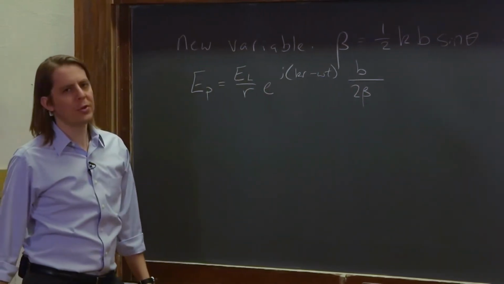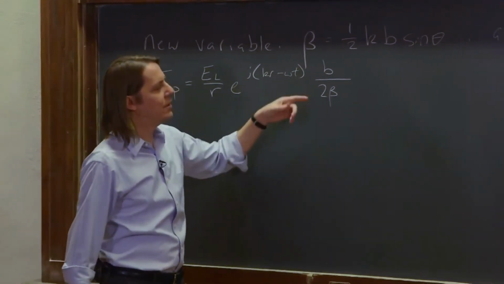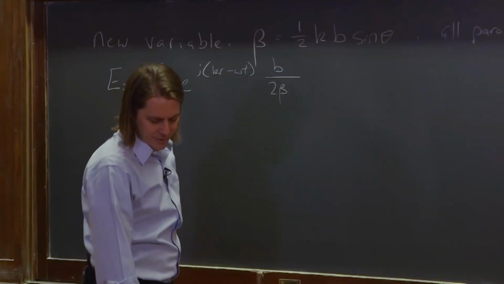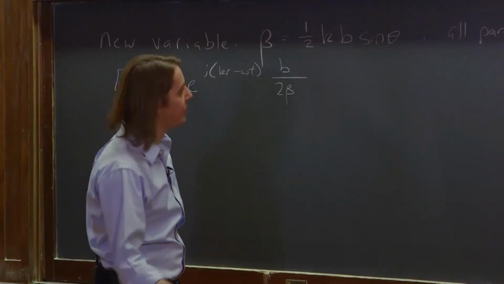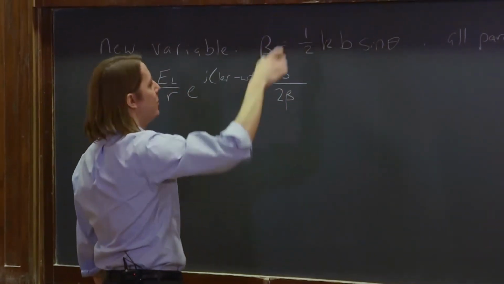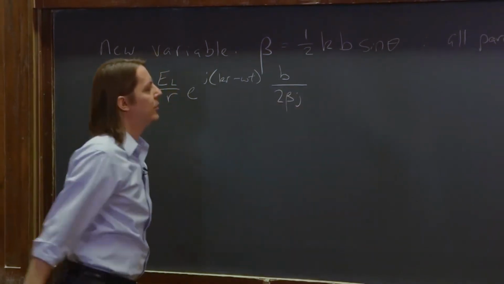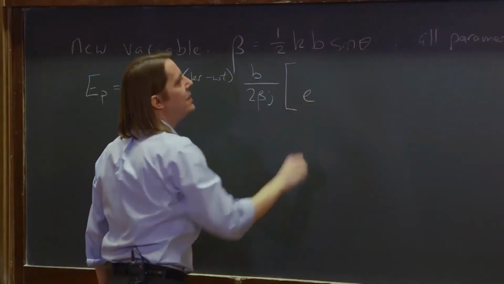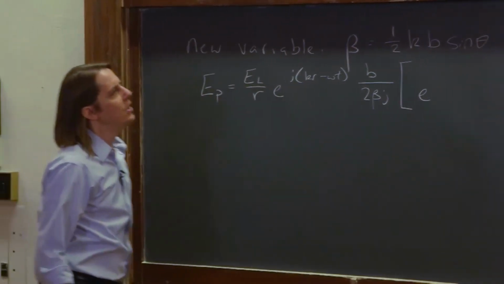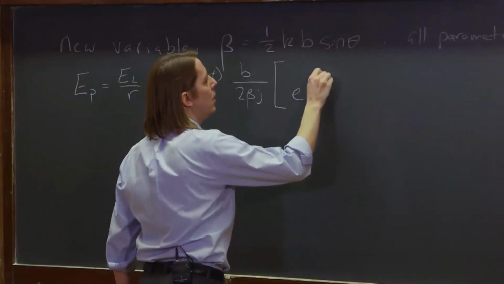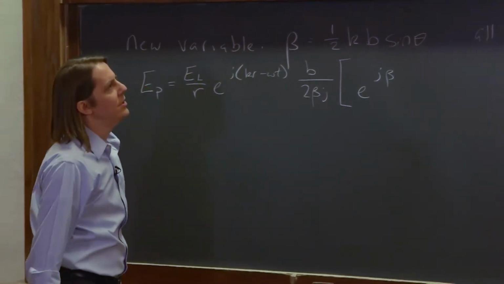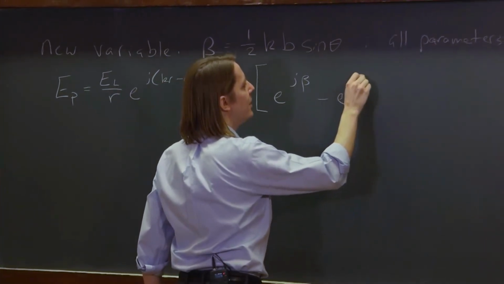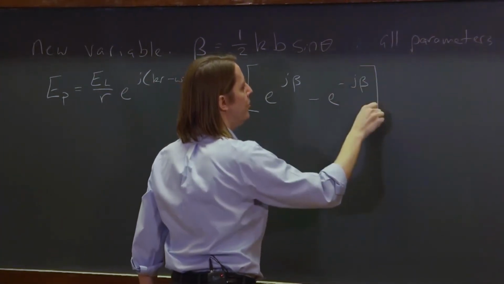So what was 1 over jk sine theta just became b over 2 beta. The same thing. We're just really substituting that in there. Oh, we also need a j, because, yeah, there was a j in the bottom. Right, so make it imaginary. And then this part will become e to the j beta. Right, it was j kb sine theta over 2. So we're just multiplying j beta minus e to the minus j beta.